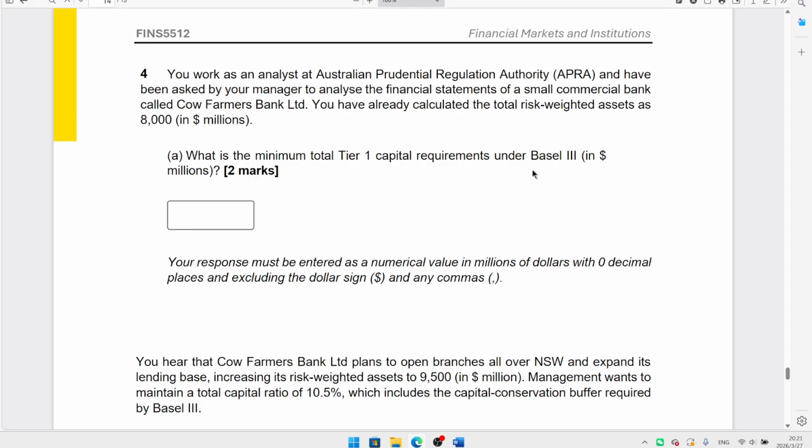Total Tier 1 capital is 6. What's the percentage of Tier 1? 4%? 6%?